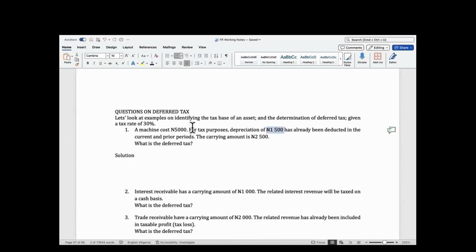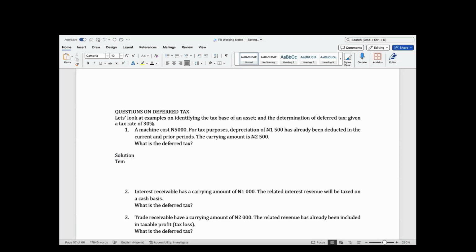When you say for tax purposes, depreciation is this, it does not mean accounting depreciation anymore, but rather tax depreciation or capital allowance. Of course they will have deducted it, but they told us that this is our carrying amount. So for instances like this, I told you that deferred tax is based on temporary difference.